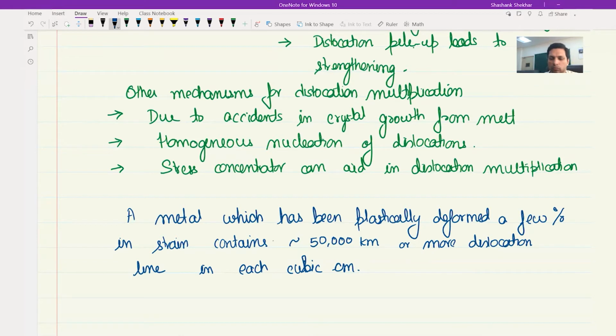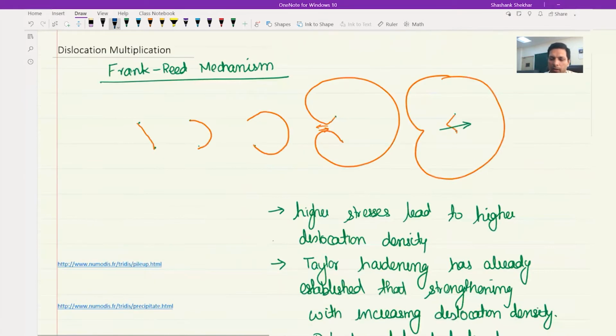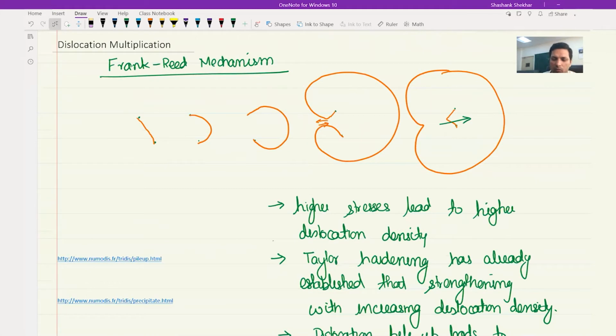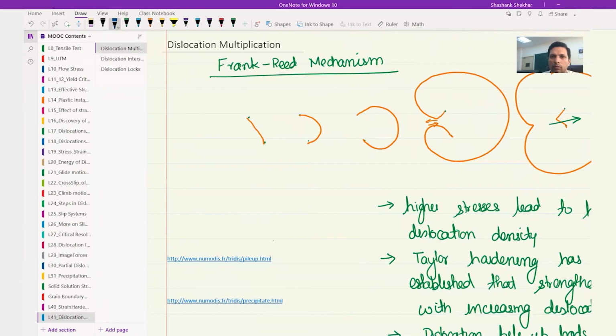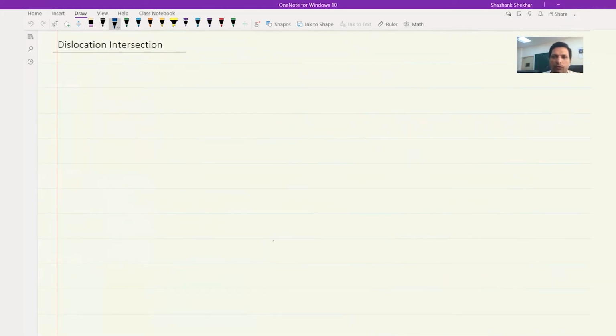So this is dislocation multiplication, and what we observe here is that one way or the other, the dislocation must get pinned to give this kind of mechanism, the Frank-Read mechanism. So this also gives us the question of why at all there would be a pinning of the dislocation. So we can look at some more mechanisms which lead to this kind of pinning. In this respect, let's look at dislocation intersection.